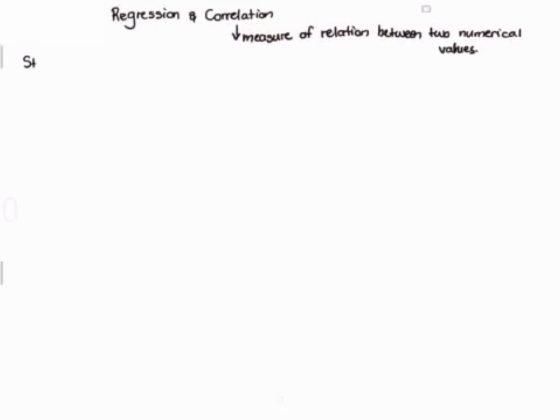So if we put the info here: student name, just to show they are different students, time they spent studying in hours, marks they received in percentage.